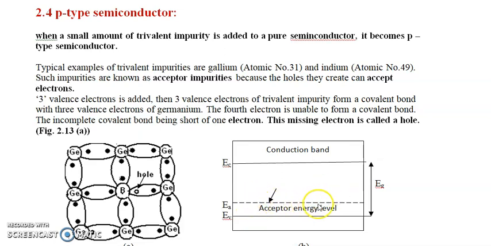As a result, ionized acceptors are created in the acceptor level, and a hole is created in the valence band. This is the band diagram for a p-type semiconductor. This is the valence band, this one is the conduction band, and this is the acceptor level, whose energy is just above the valence band.